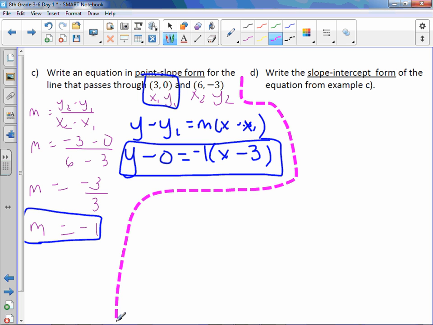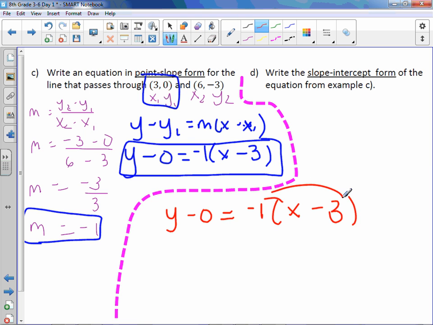Letter D, writing in y equals mx plus b form. Start with y minus 0 equals, actually, let me move this down so I have more space. Okay. Y minus 0 equals negative 1 times x minus 3.